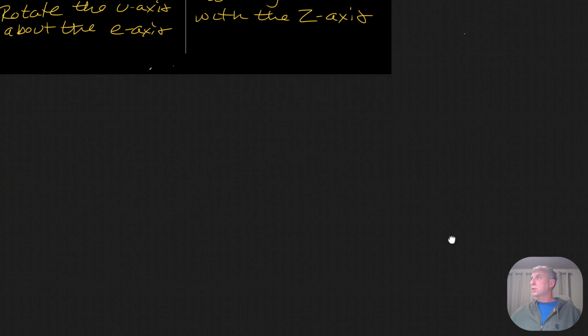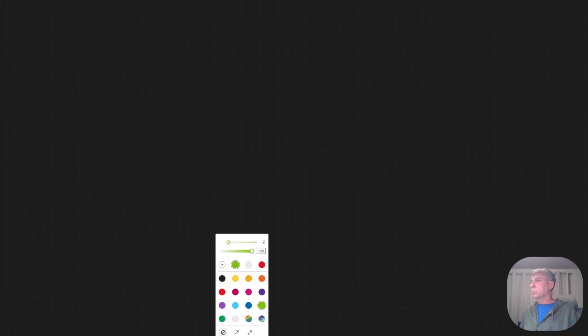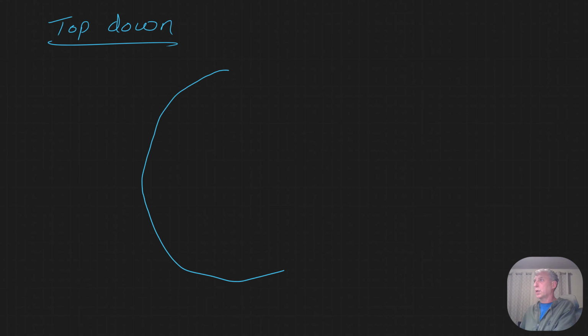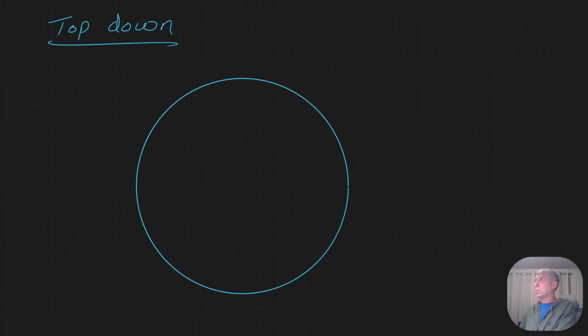So that is one rotation we need to perform. And let me scoot this up. Now let's look top down. So top down, we're looking down at the pole. Looking down on the ellipsoid, it looks like a circle. And we have our x and y axes.